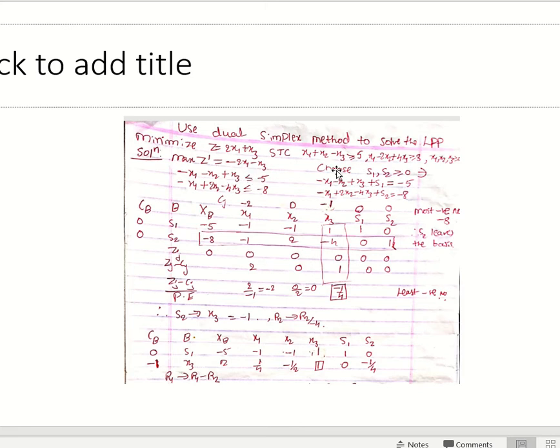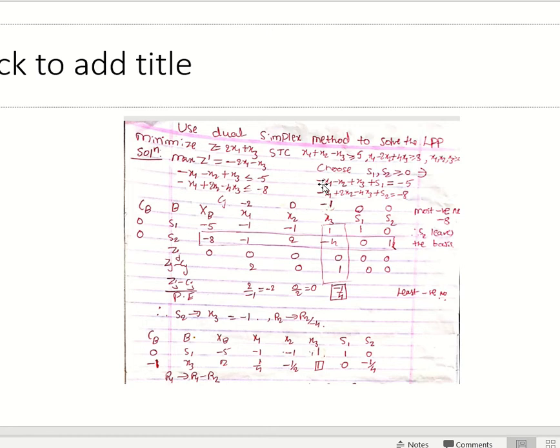Now similarly write the next one, that is minus x1 plus 2x2 minus 4x3 less than or equal to minus 8. Now after writing this step, we have to choose the slack variables S1 and S2 which are positive, such that we have to add S1 and S2 to both the equations and use the equality sign.